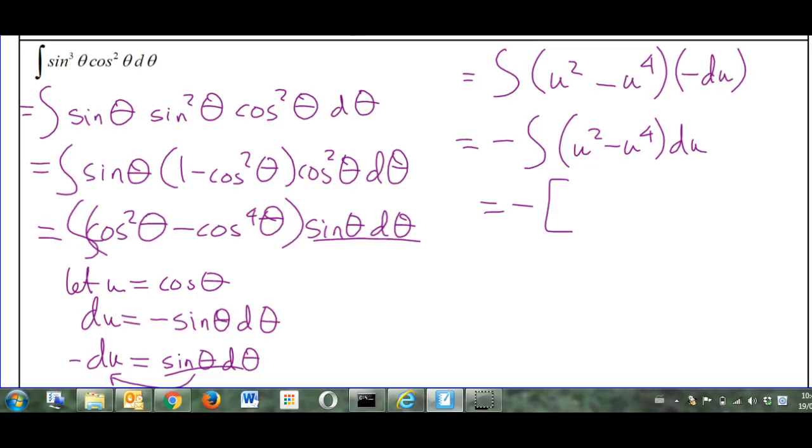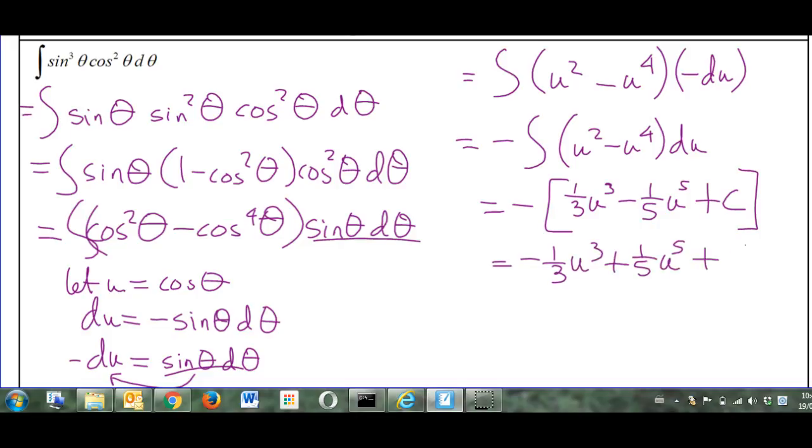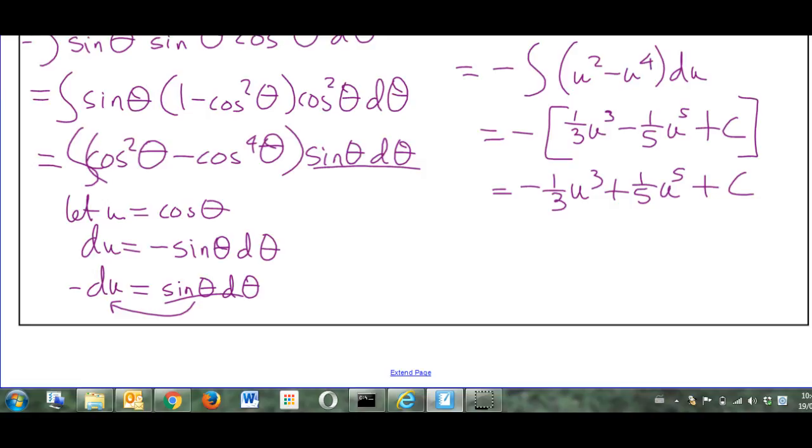Okay, the integral of u squared, 1/3 u cubed minus 1/5 u to the fifth plus c, which is equal to negative 1/3 u cubed plus 1/5 u to the fifth plus c. Yeah, I know, now the c is a negative, but it's still just a constant. Okay, if you want to write a c1 or c2, be my guess.